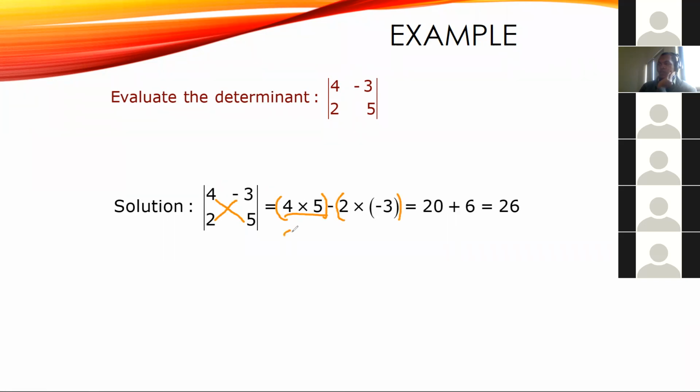So 4 times 5, that is the 20, minus the 2 times minus 3, that will give us a minus 6. And if you remember the law of the brackets, minus bracket minus will give us a positive. So that will be 20 plus 6, and this will be 26.